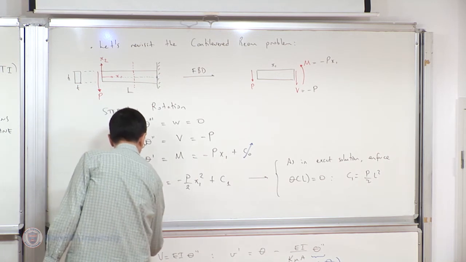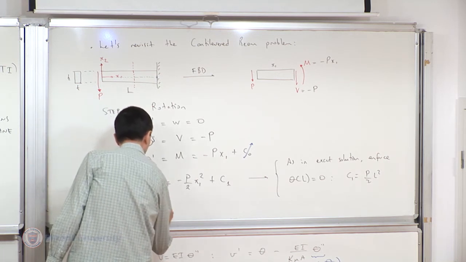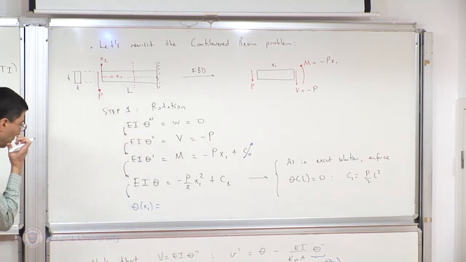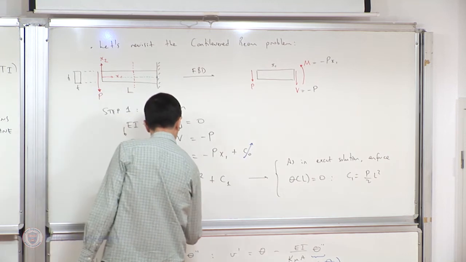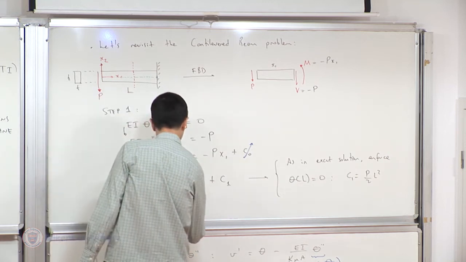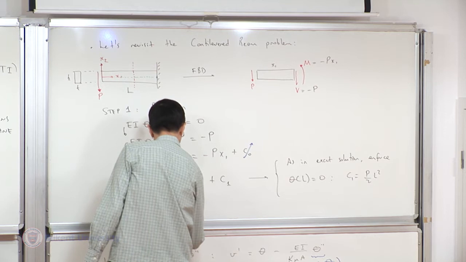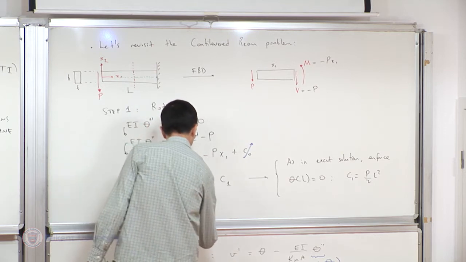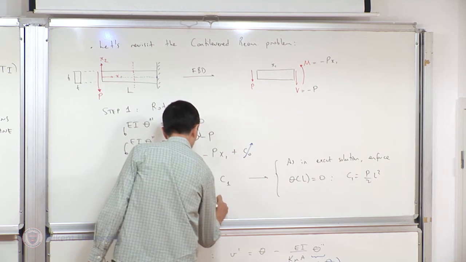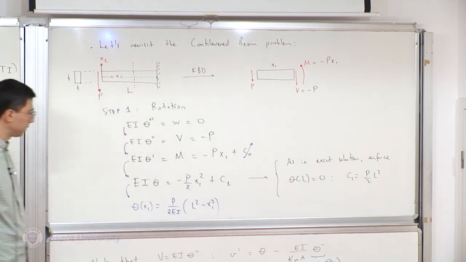Theta of x1 is equal to P over 2 EI times L squared minus x1 squared.